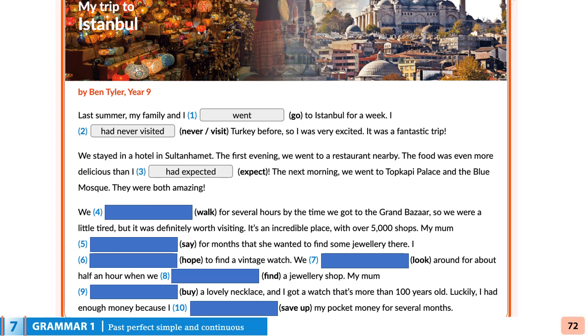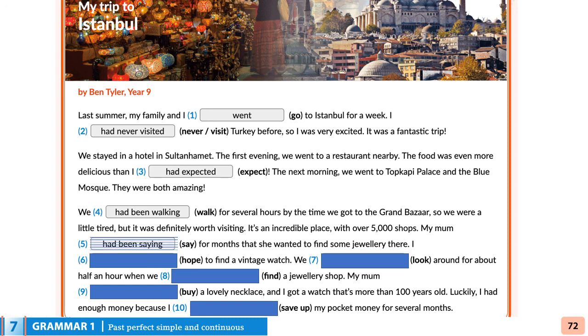The next morning we went to Topkapi Palace and the Blue Mosque. They were both amazing. We had been walking for several hours by the time we got to the Grand Bazaar, so we were a little tired, but it was definitely worth visiting. It's an incredible place with over 5,000 shops.